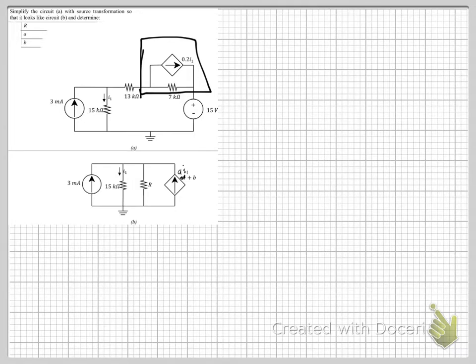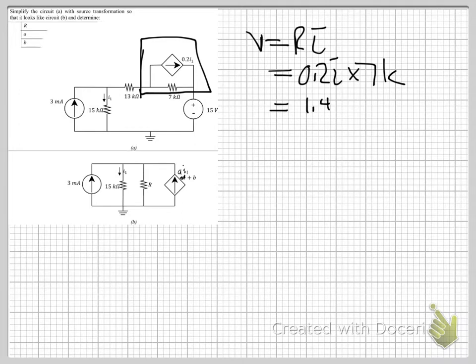For us to be able to determine the new voltage, V is equal to Ri, which is 0.2 I1 multiplied by 7K. This gives us 1.4K I1.